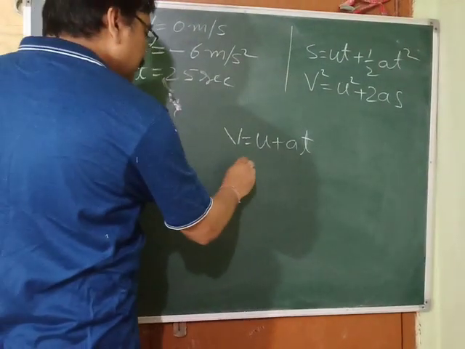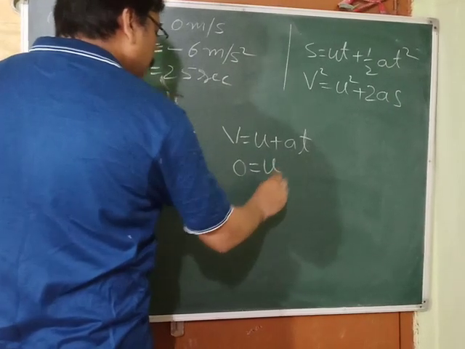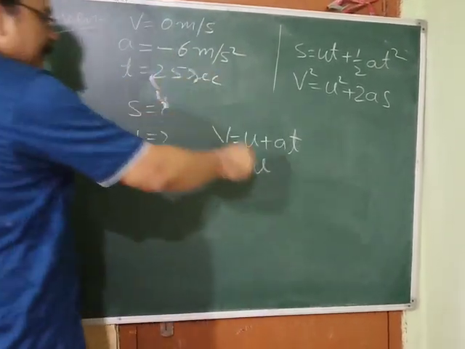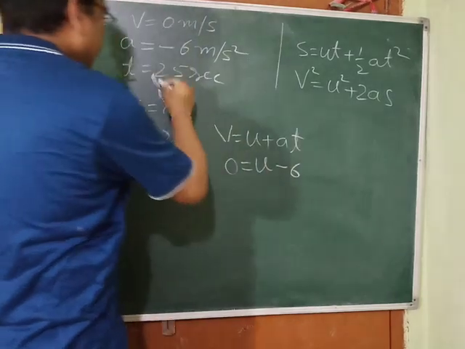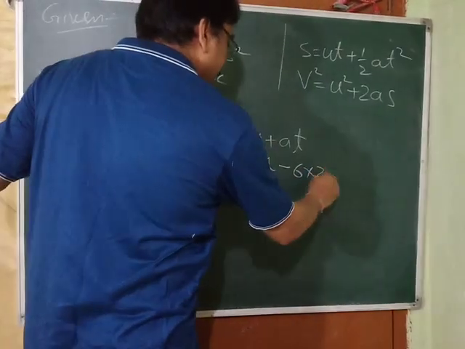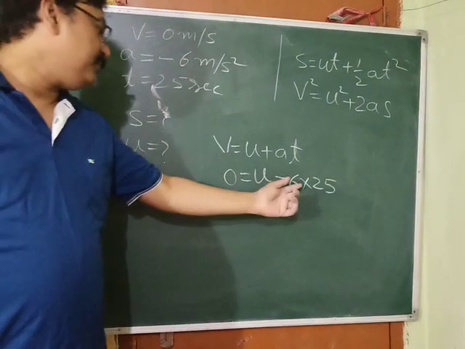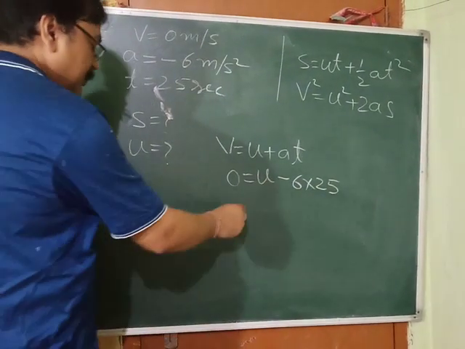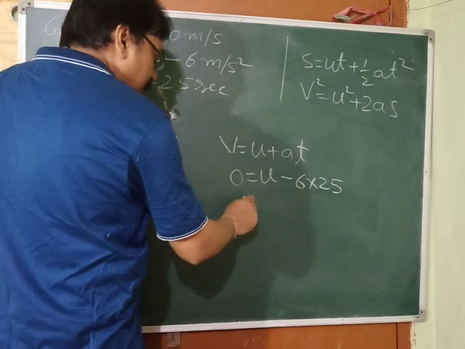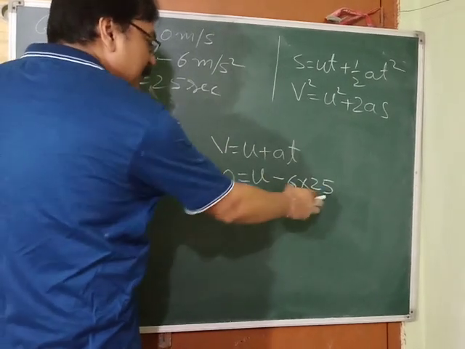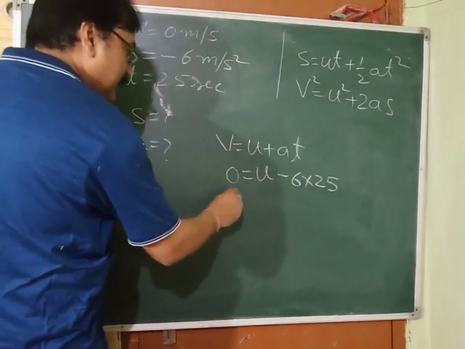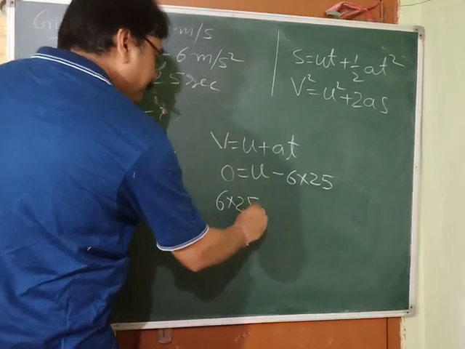V is how much? 0. U we don't know. Acceleration is minus 6. Time is how much? 25. Now, if this 25 into 6 is how much? This is 0. Can we take this side? So we will get 6 into 25.